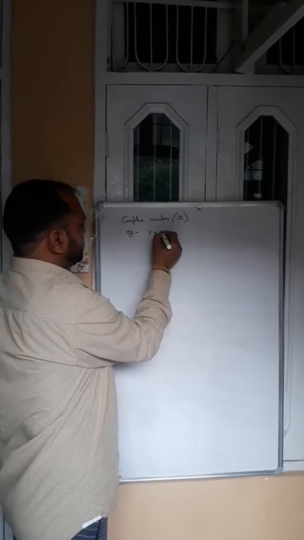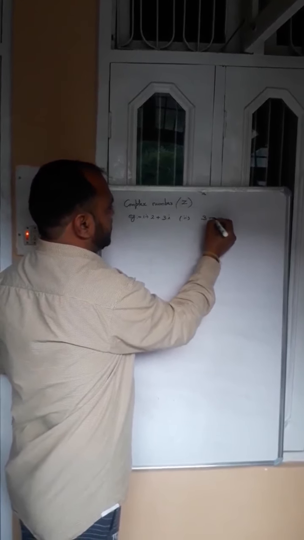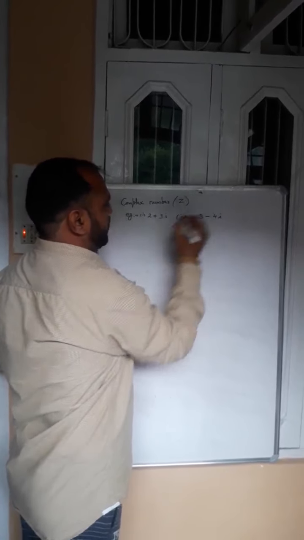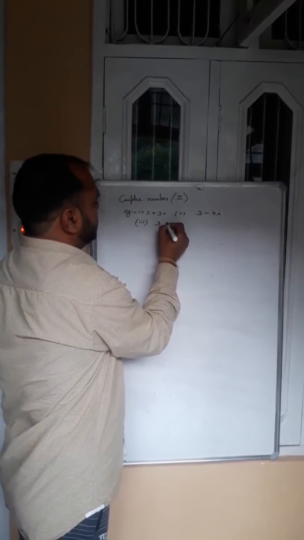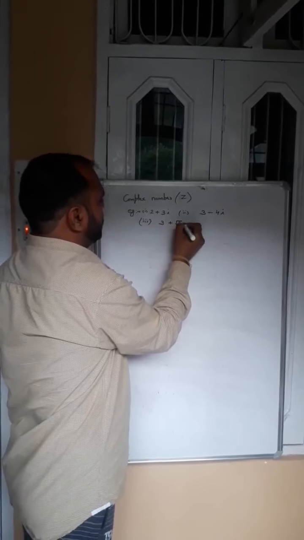Similarly, the second example is 3 minus 4 iota, right? The next example is 3 plus root 2 iota.